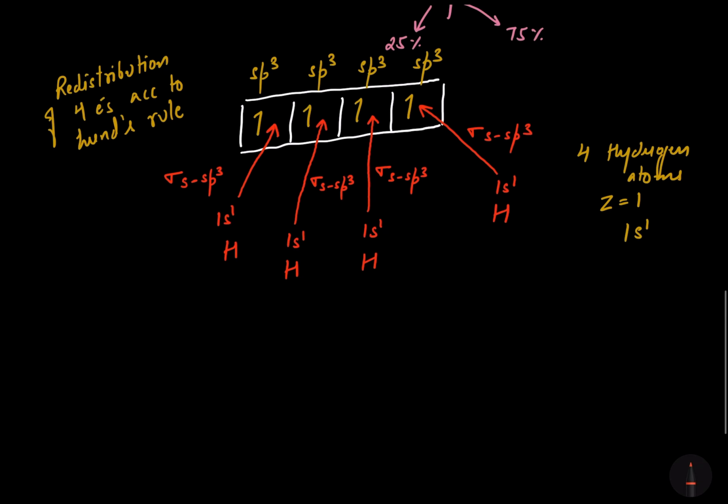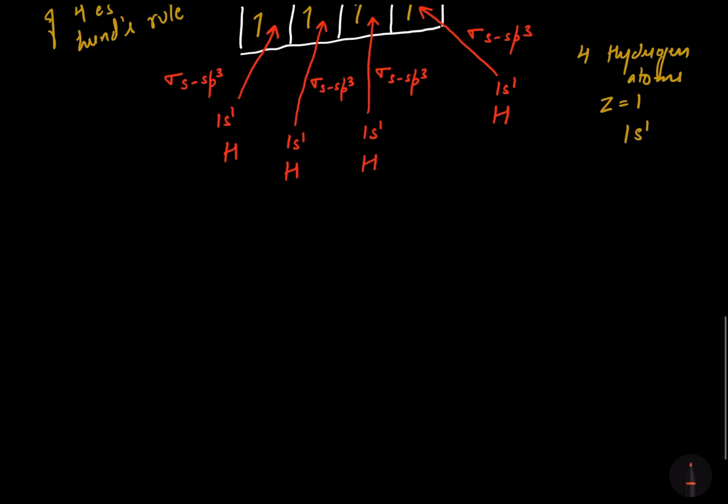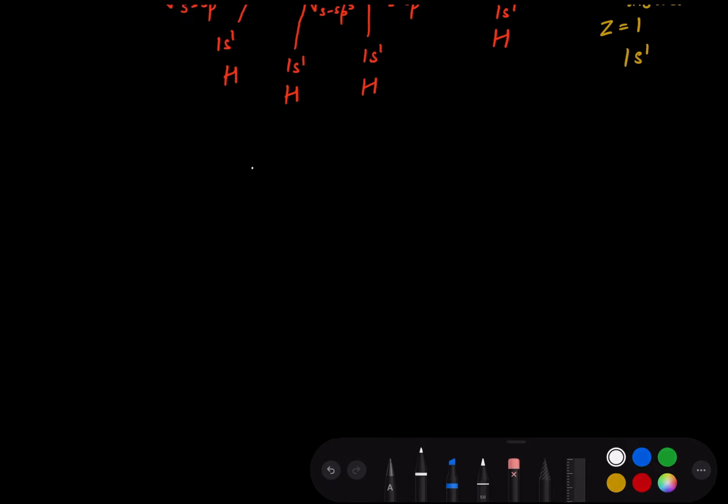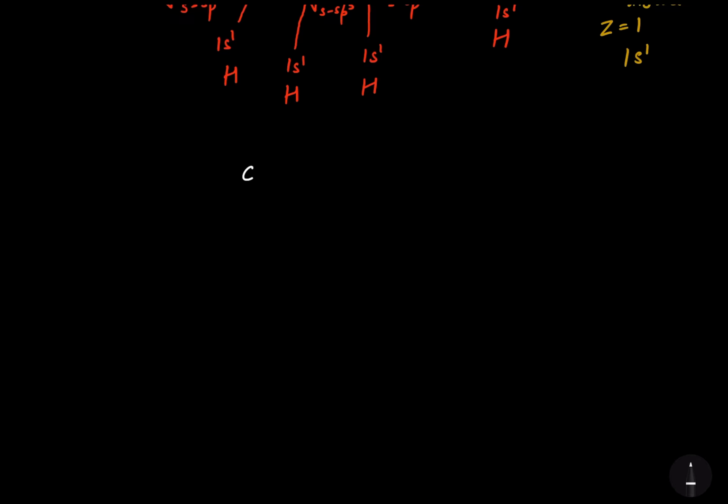So now let's make the orbital diagram. What we were having: carbon. Here the hybridization of one orbital of 2s and 3 orbitals of 2p has taken place.